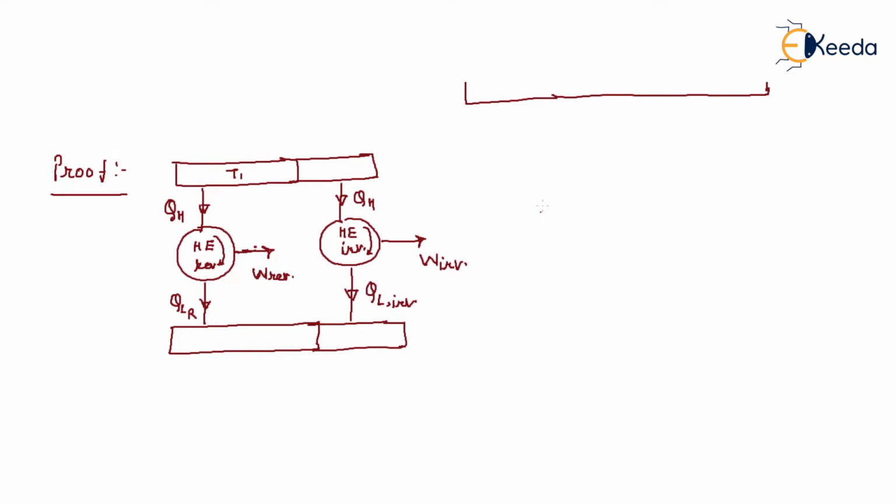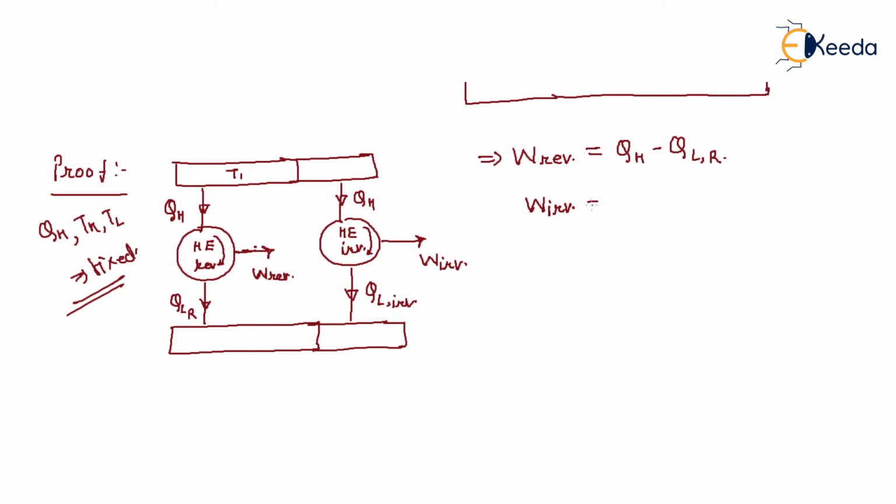So what is W reversible? This is QH minus QL reversible, and when comparing these two engines, QH, TH and TL are fixed, right, from the previous video. And what is your W irreversible? This is QH minus QL irreversible, right?